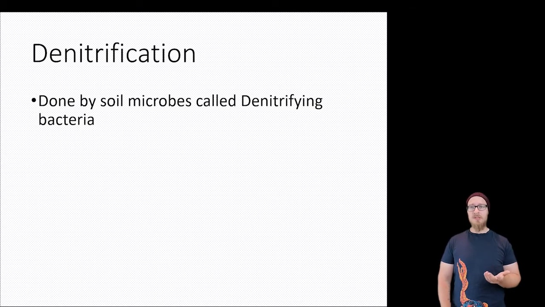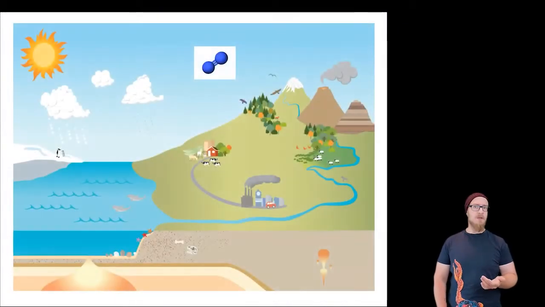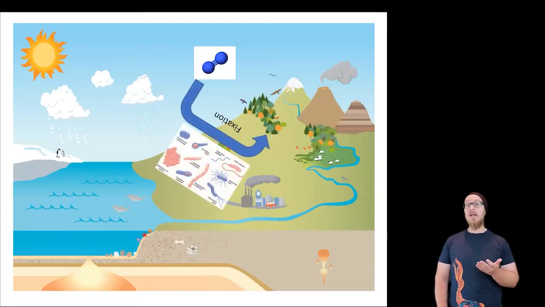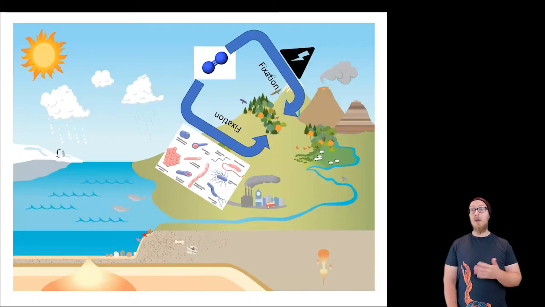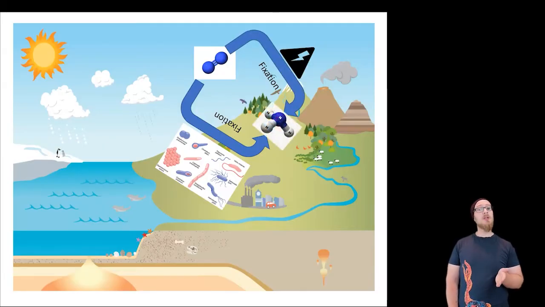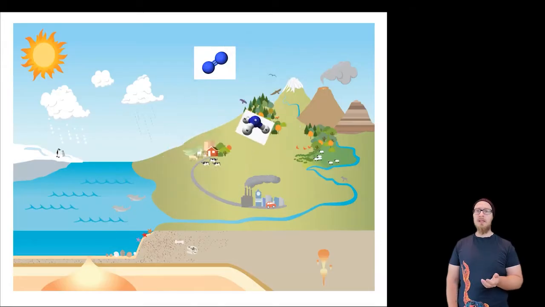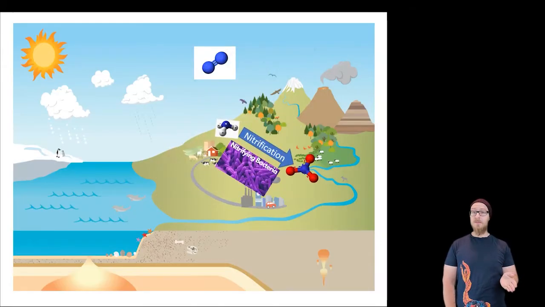Let's begin the nitrogen cycle also in the atmosphere. Nitrogen can be fluxed from the atmosphere through nitrogen fixation through bacteria, or it can be fixed through lightning. Now that we've got ammonia, probably in the soil, nitrification can occur where bacteria take the ammonia and convert it into nitrates.